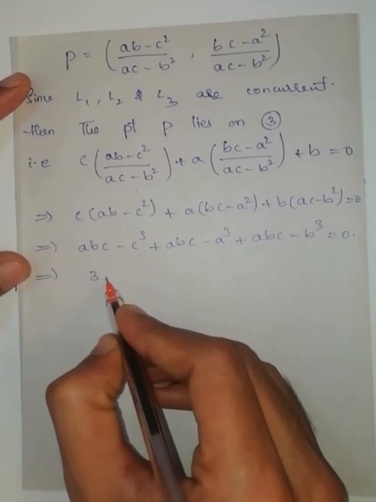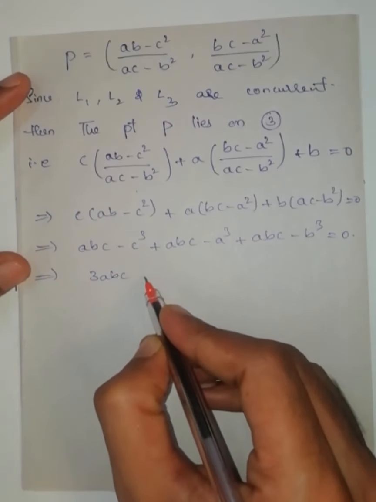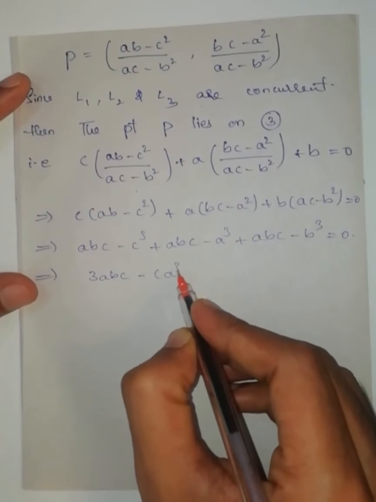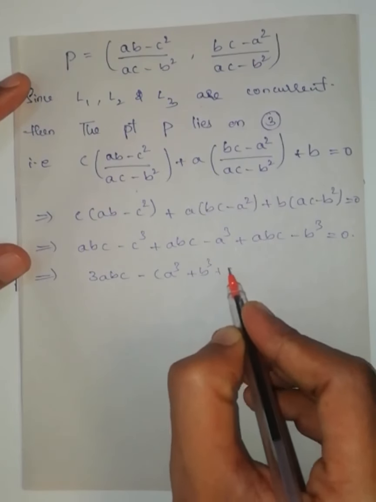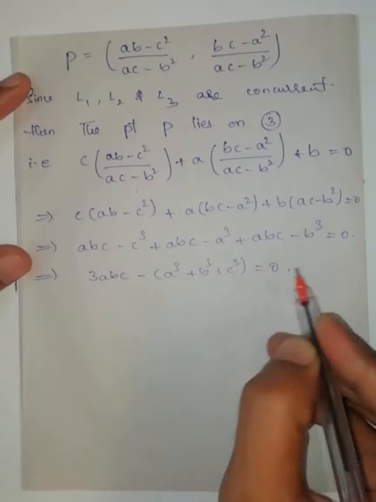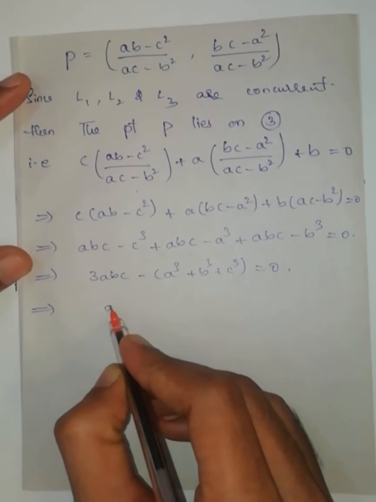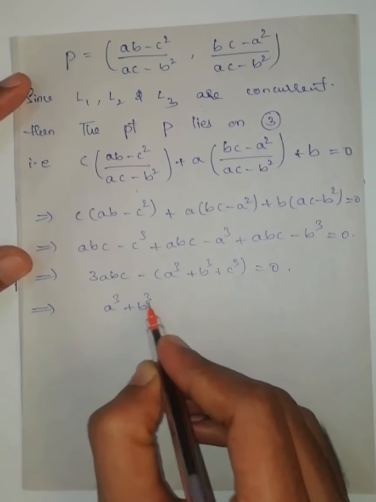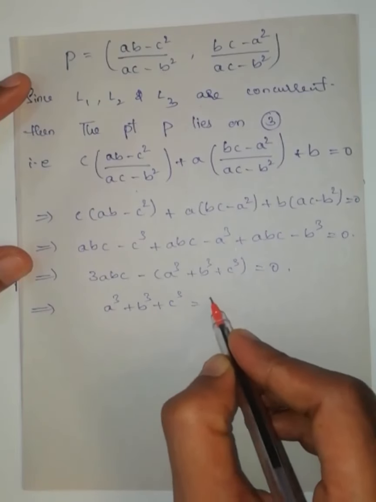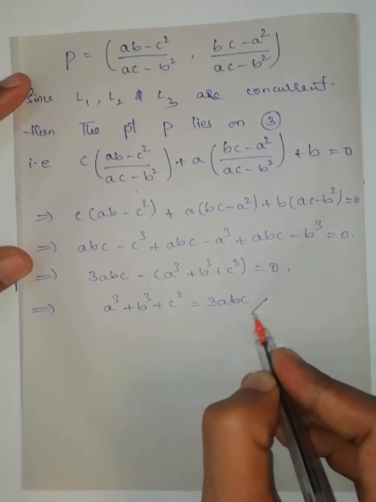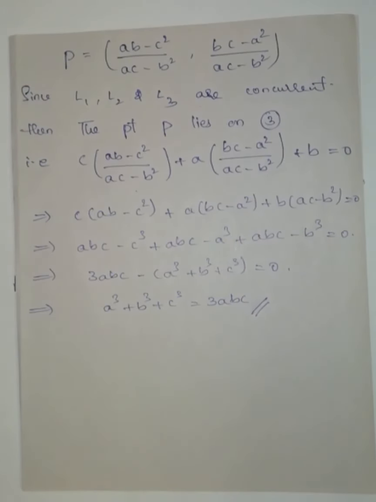This implies 3ABC minus A cube plus B cube plus C cube is equal to 0. This implies A cube plus B cube plus C cube is equal to 3ABC. This one only we have to prove.